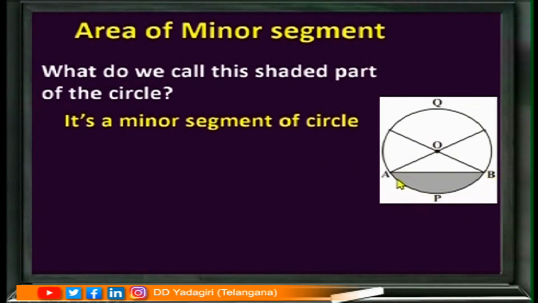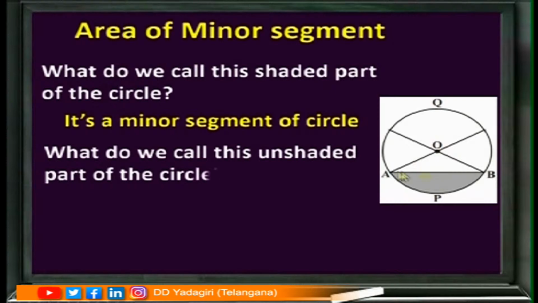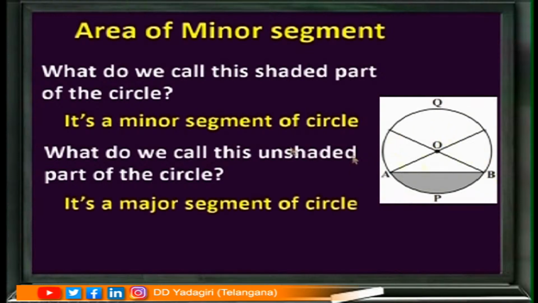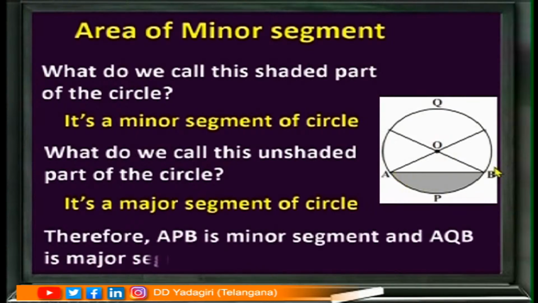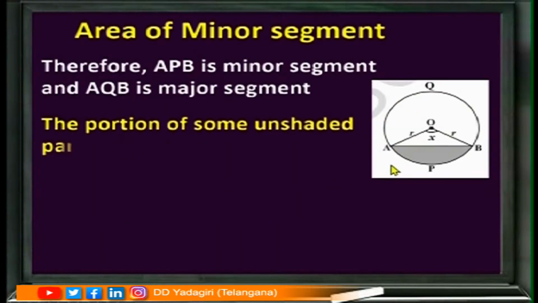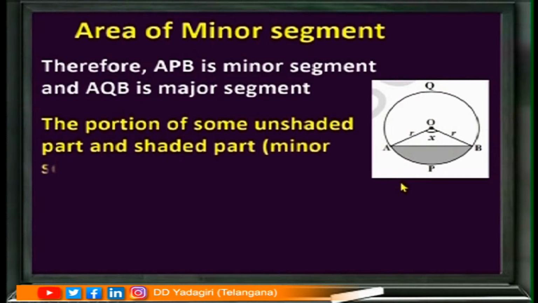In the same way, what do we call this unshaded part? The unshaded part we call the major segment of the circle. Therefore, APB is a minor segment and AQB is a major segment.